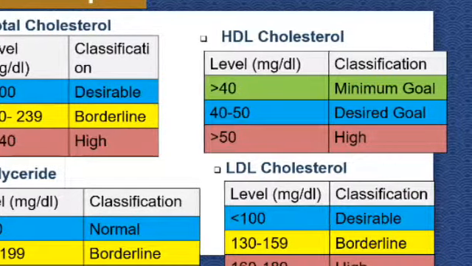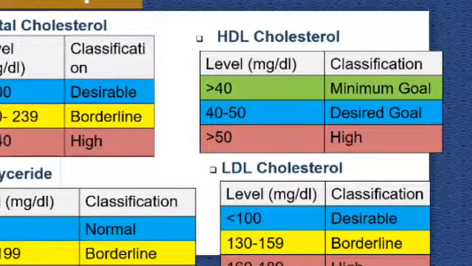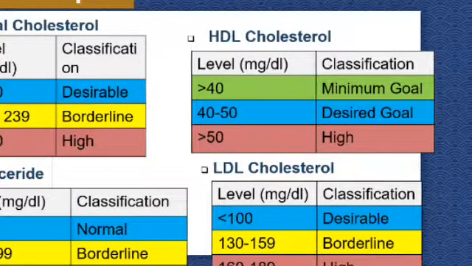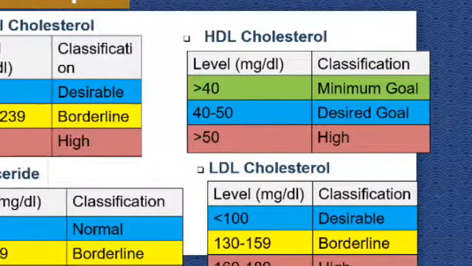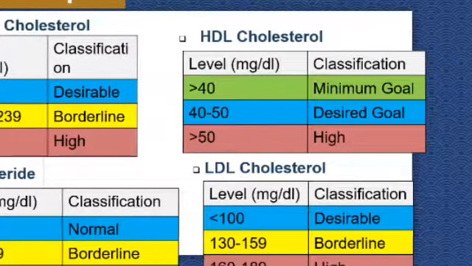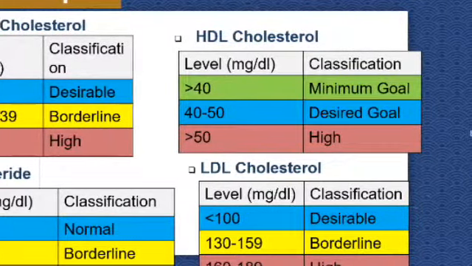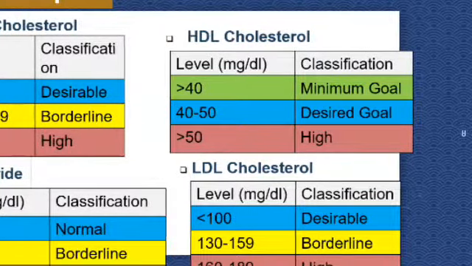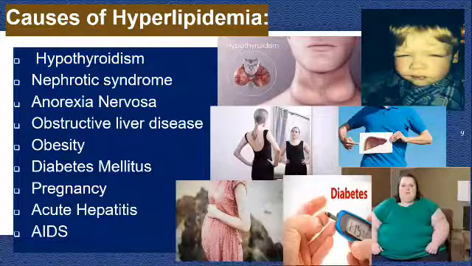For HDL, the desired goal is 40 to 50 milligrams per dL. For triglyceride, the normal level is lesser than 150 milligrams per dL. And for LDL cholesterol, the desirable level is lesser than 100 milligrams per dL.